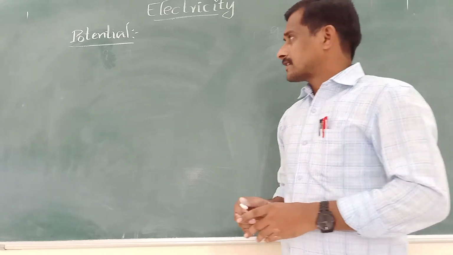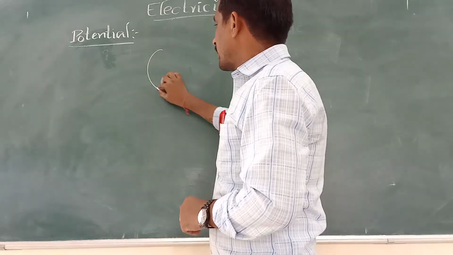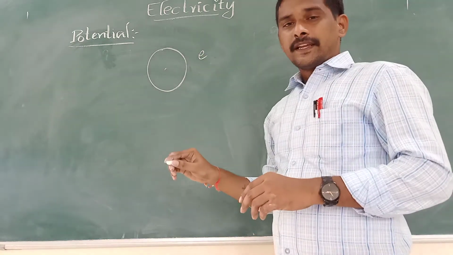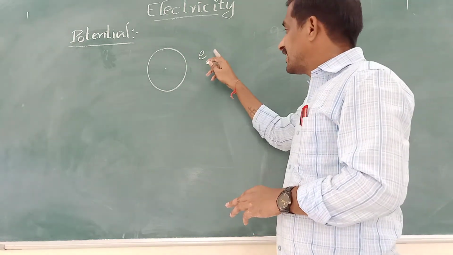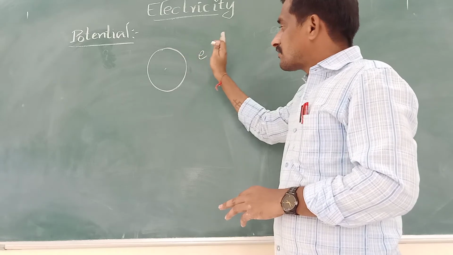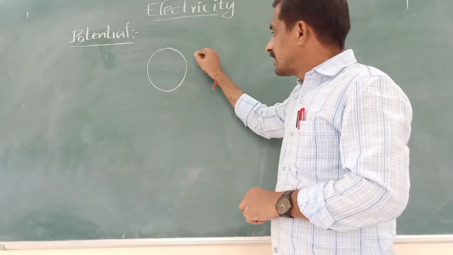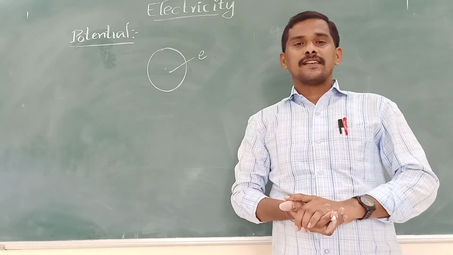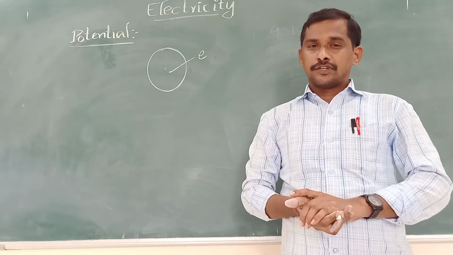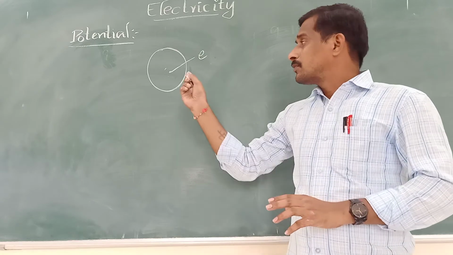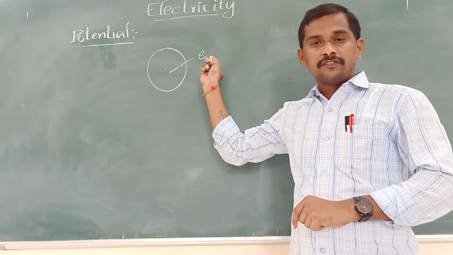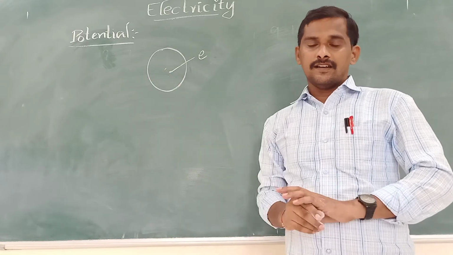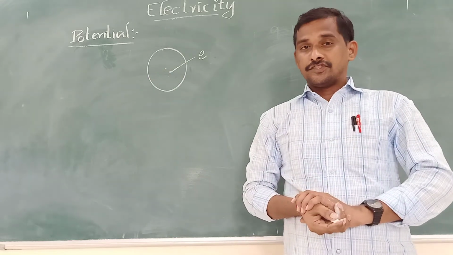Suppose in an electric field, this is a point, and we bring an electron from infinity to a point in the electric field. The work done on the unit charge to bring it from infinity to any point in the electric field, we call it the potential.